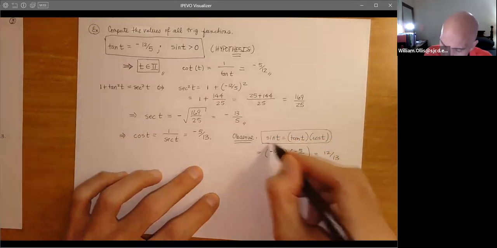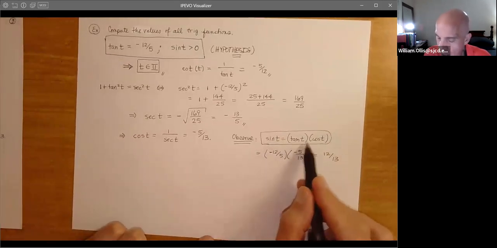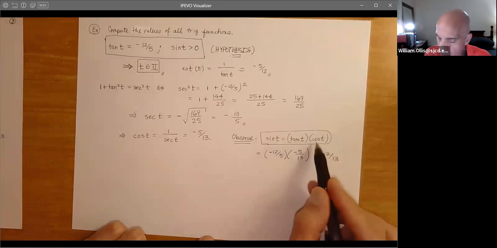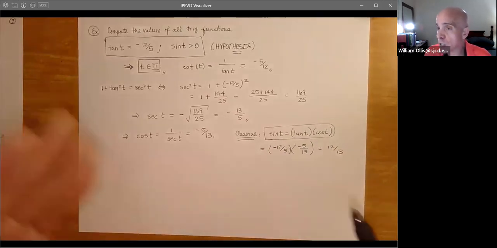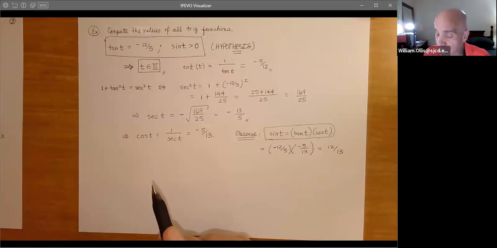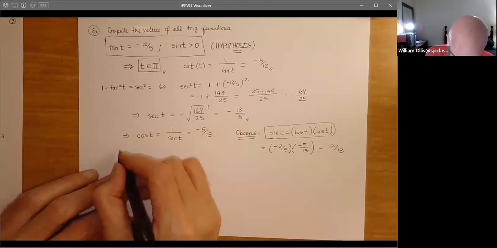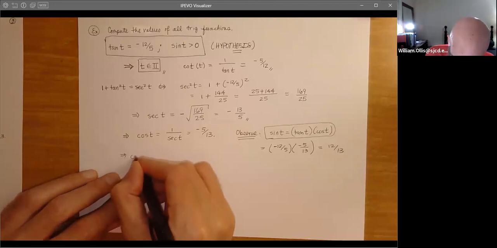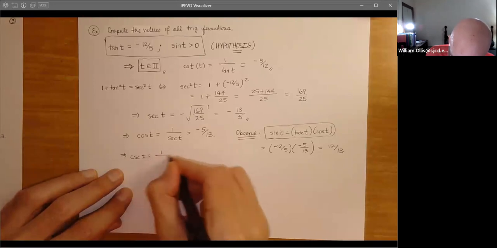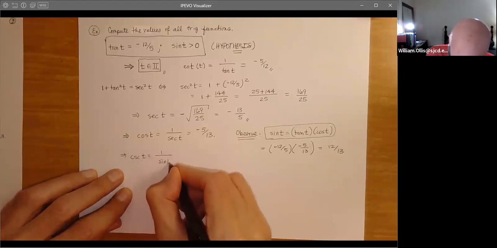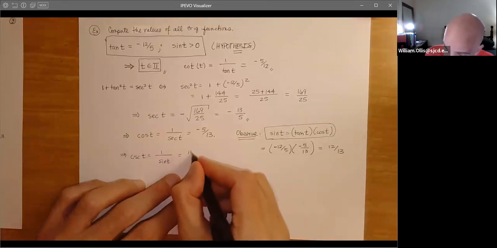You could, but you can just use the fact that sine t and tangent t are related such that if we know these two values, we can get sine, just using the definition of tangent. And now, of course, cosecant is the reciprocal of sine. So this implies that cosecant of t is 1 over sine t, which will now be the reciprocal of this, which is 13 over 12.